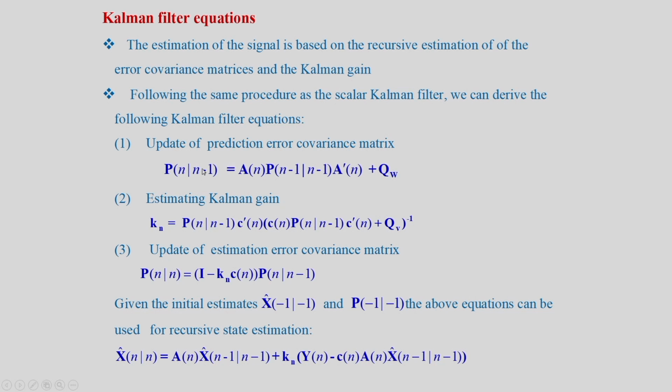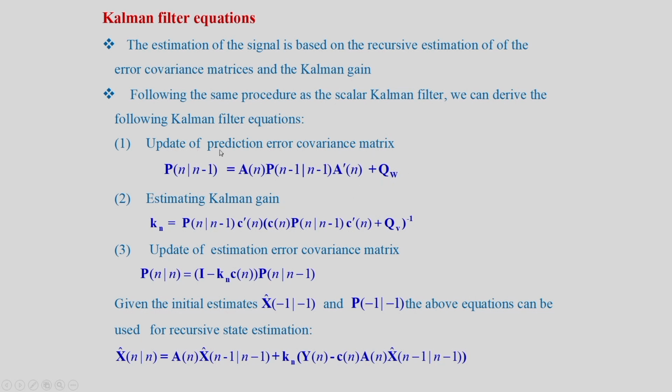So, therefore, the prediction error covariance is given by P of n given n minus 1 is equal to A n into P of n minus 1 given n minus 1. This is the estimation error covariance matrix multiplied by A n transpose plus Q w.